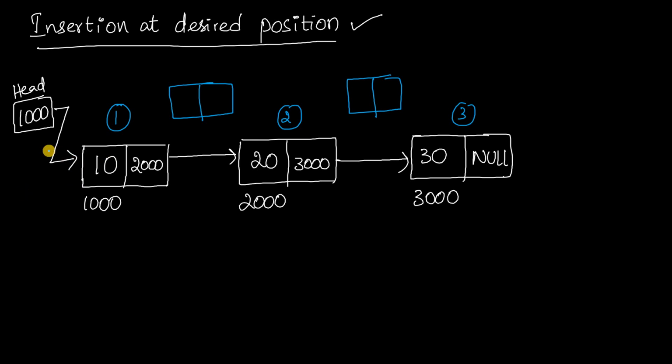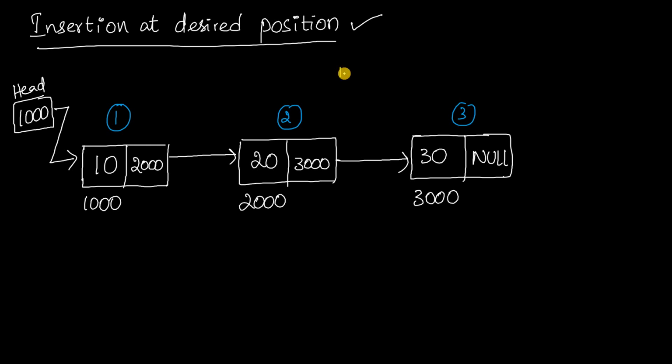I have already discussed adding a node at the beginning and adding a node at the end, right? Now I am discussing adding a node at the desired position, that is between the start and the end. Now I want to add a node between the second and the third node.